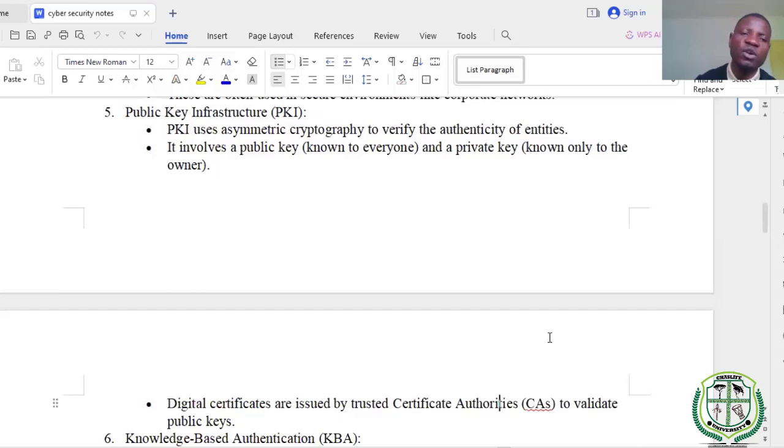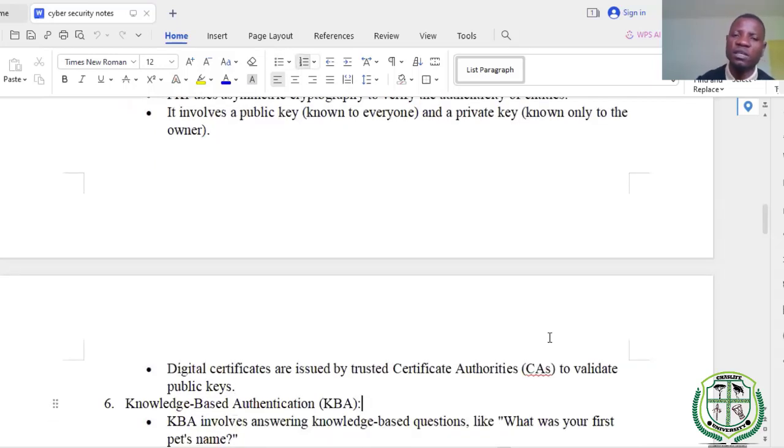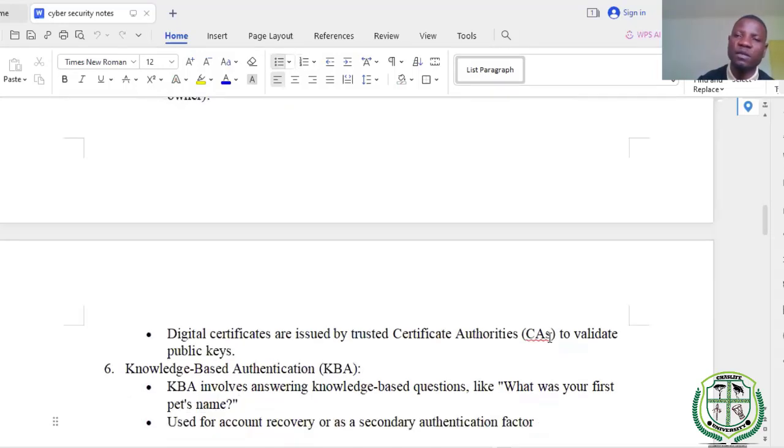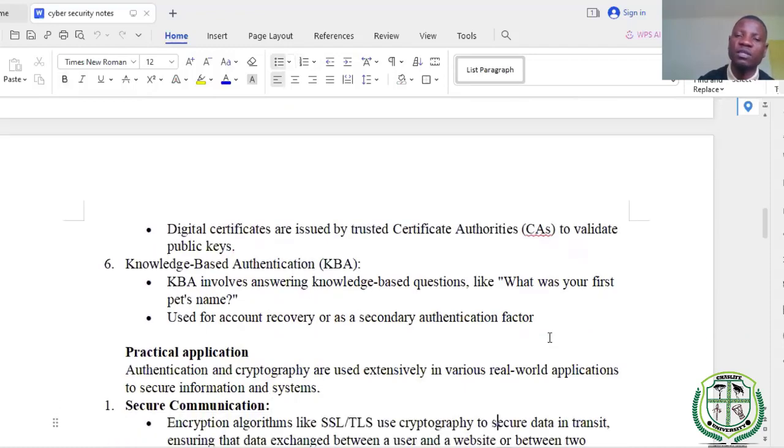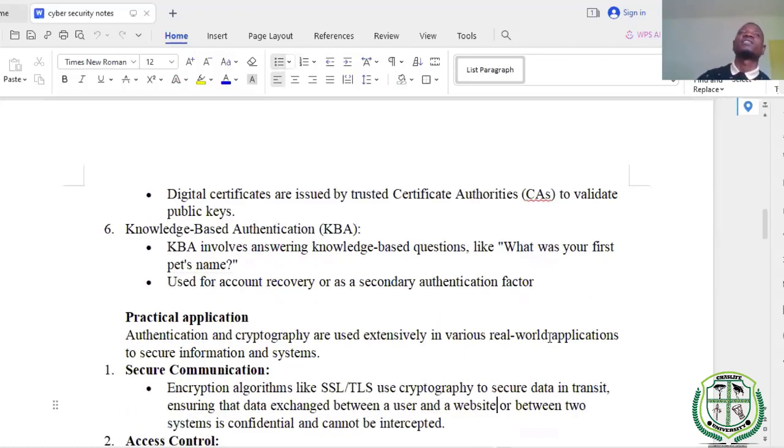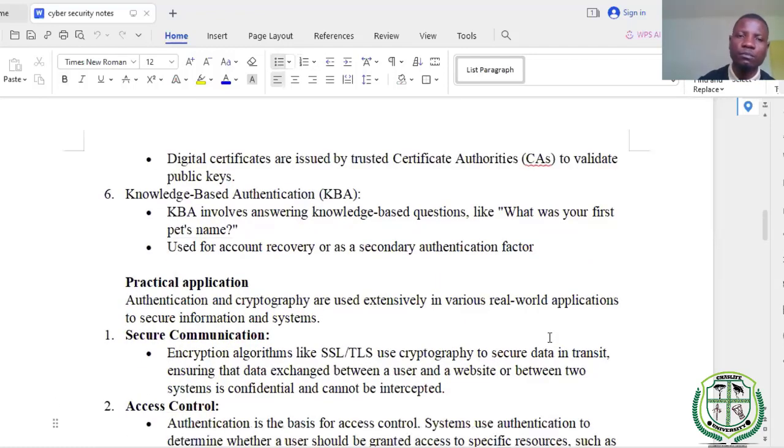That's how it works. There are also digital certificates, issued by certificate authorities to validate public keys.